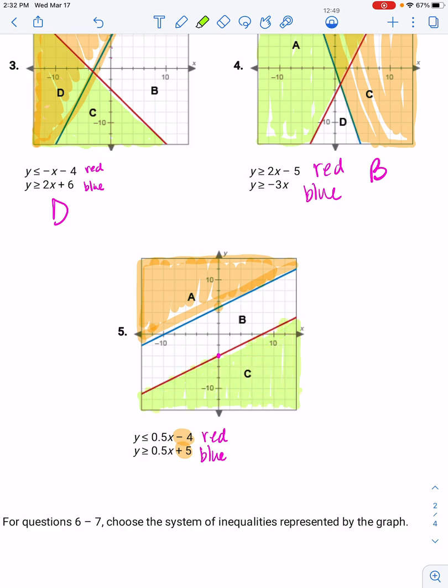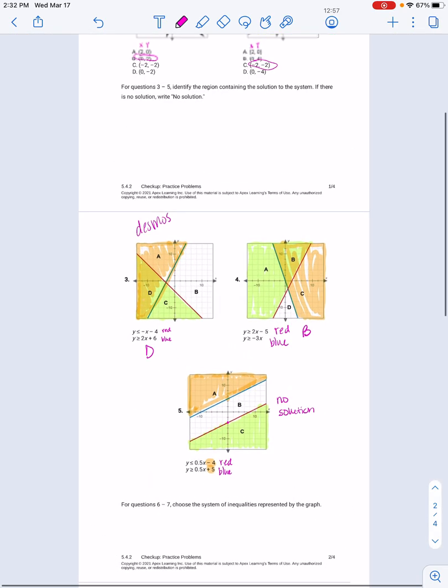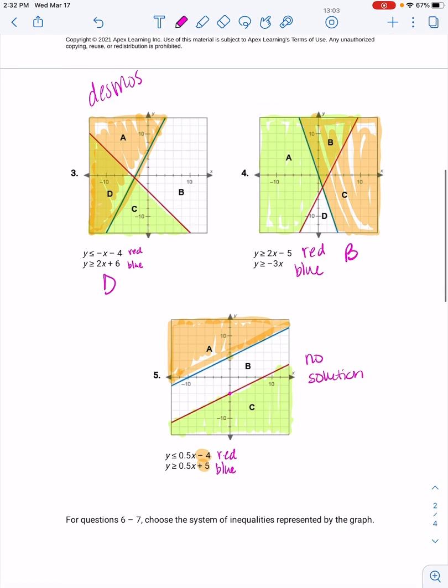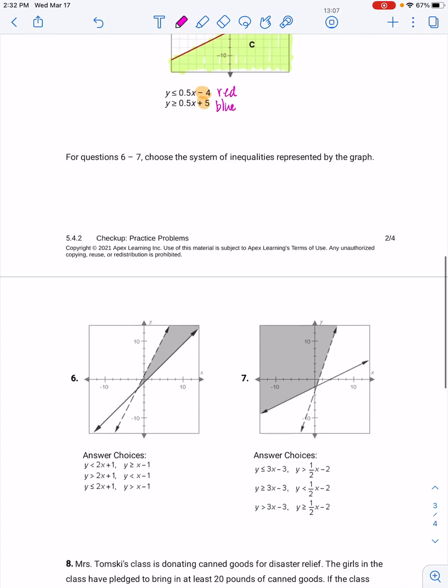If you remember from our notes, when we have parallel lines and there's no shading that they have in common, this answer would be no solution. I think that's what your paper said, to write no solution. Yep, no solution.